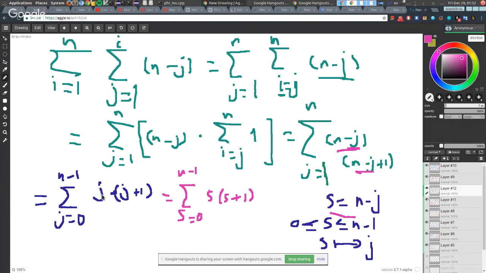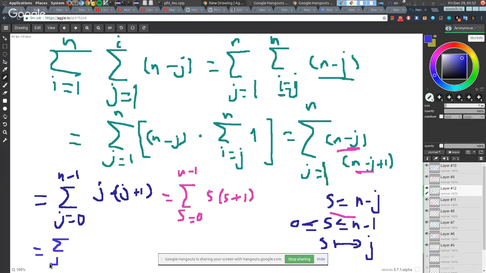But I decided to rename it back to the same variable just to practice being fluent with the summations. And here now we can make this j equal 1. It doesn't matter that much in our case.